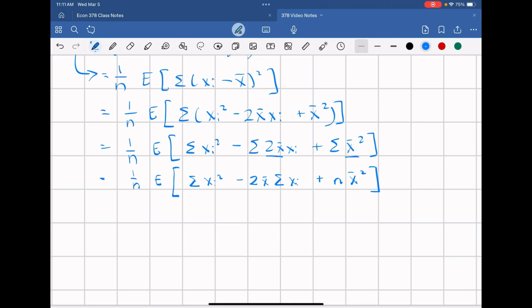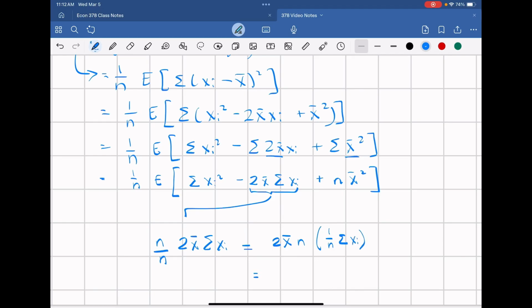Now let's focus on just this middle term here. So 2 x bar summation of xi. What I can do with that term is multiply and divide by n over n, because that's just 1. And so now I get 2 x bar n times 1 over n summation of xi.